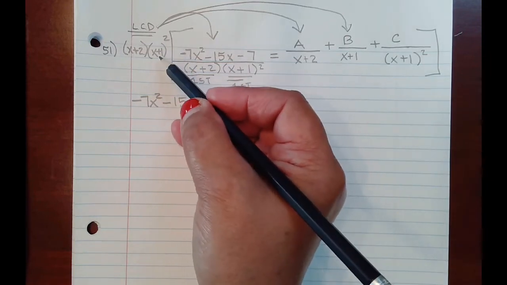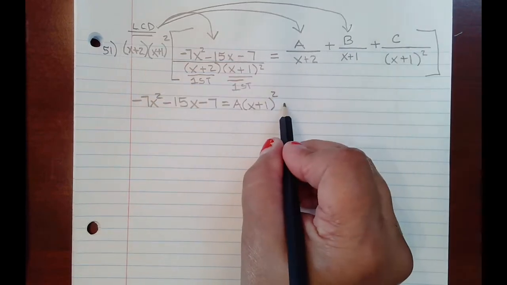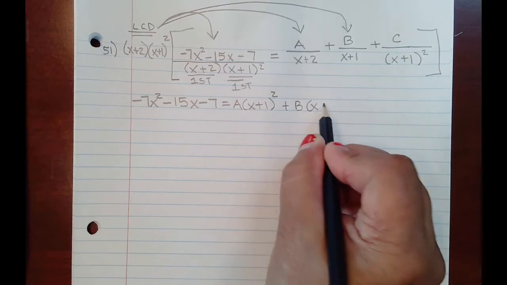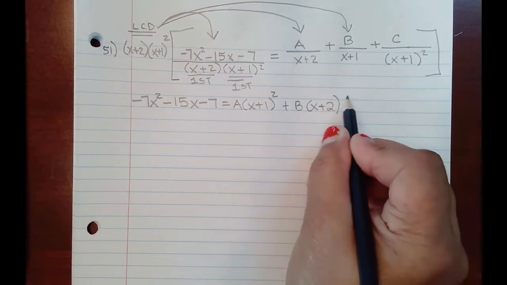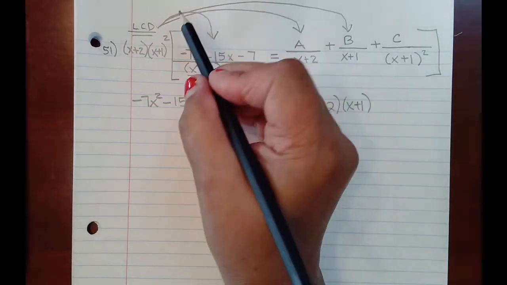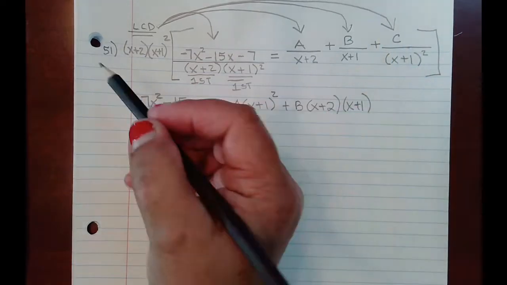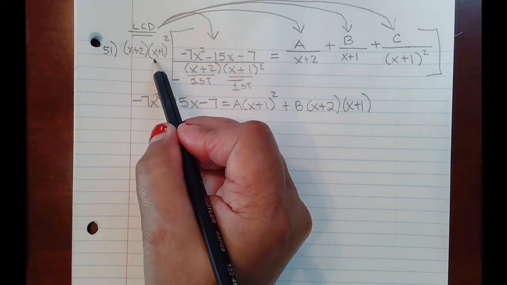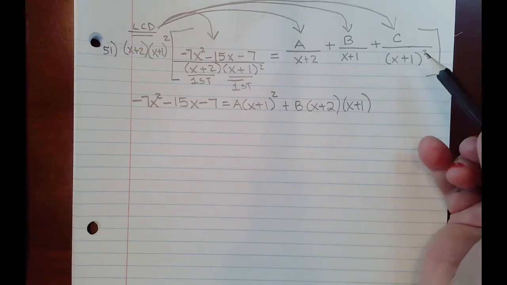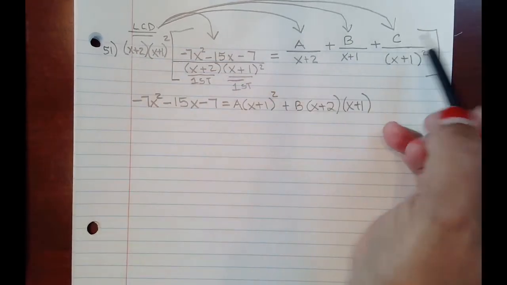You are going to have an x plus 1 left over, an x plus 2 left over, and a B. Finally, multiplying that LCD by the third fraction, both of these x plus 1's cancel with both of the x plus 1's in the denominator here. So this cancels with this. You're left with x plus 2 times C.